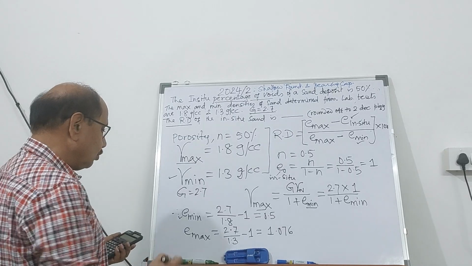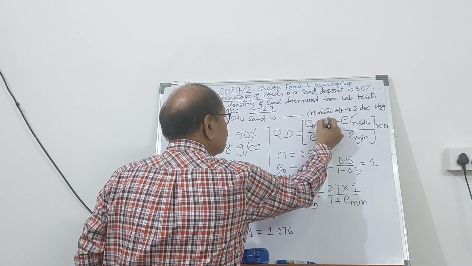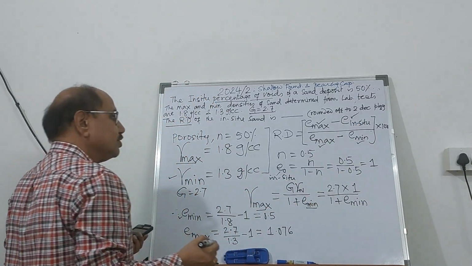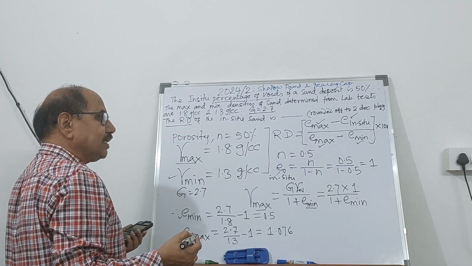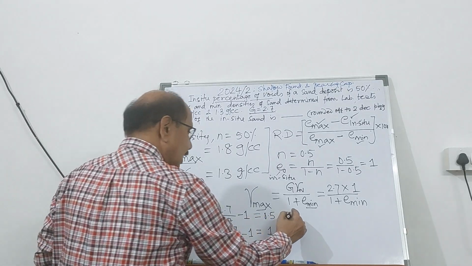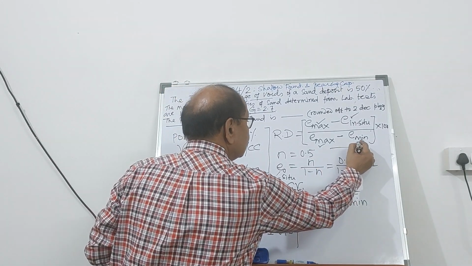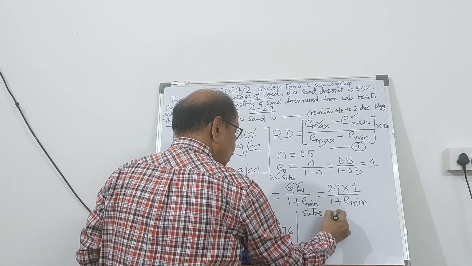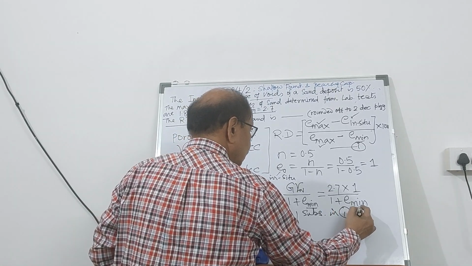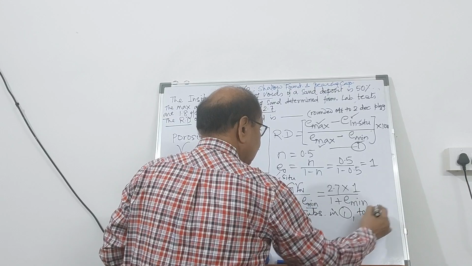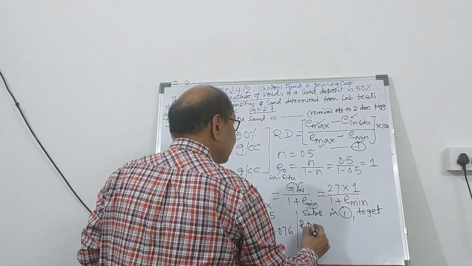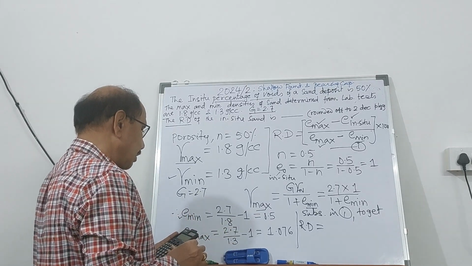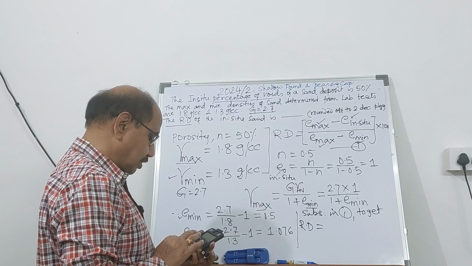So having got the value of e max now, relative density is e max minus e in situ divided by e max minus e minimum. Let us calculate by substituting the values in equation 1 to get RD, the relative density. Now I have got e max as 1.076.